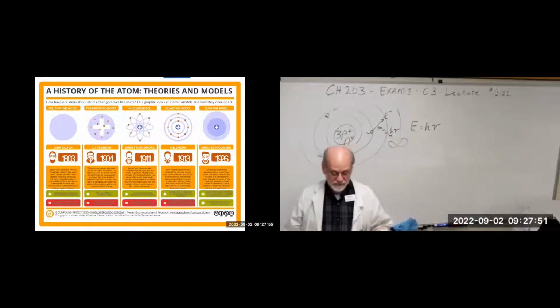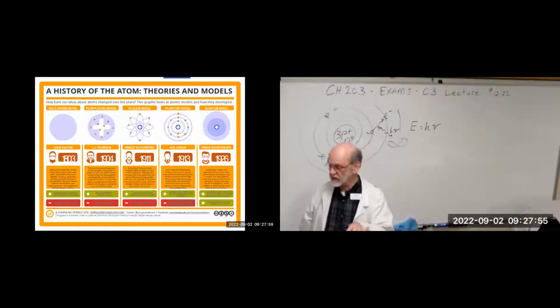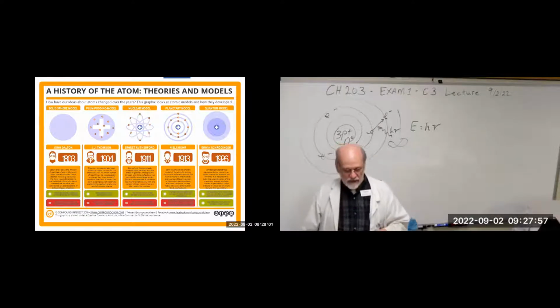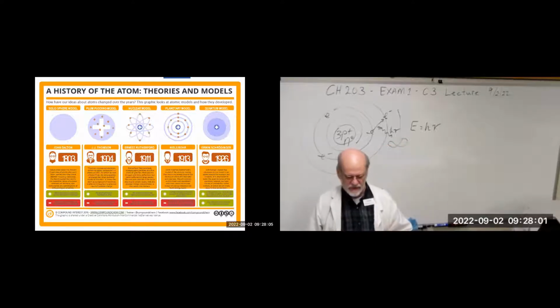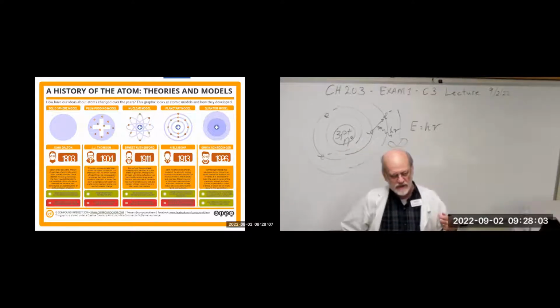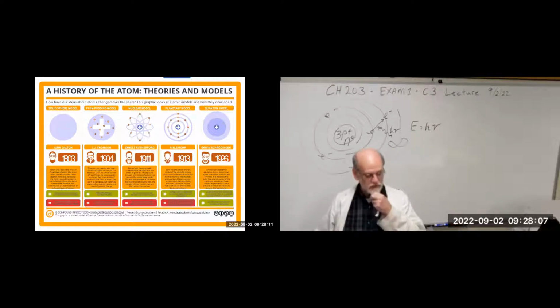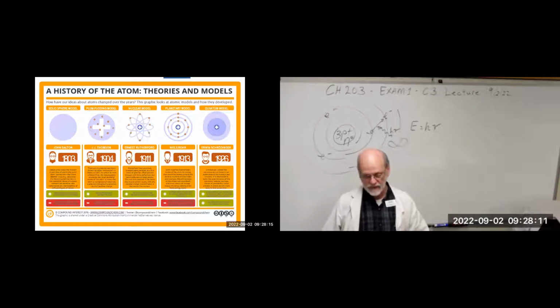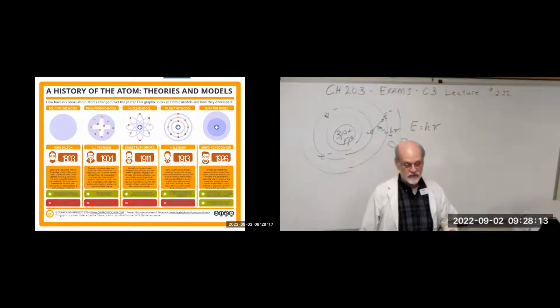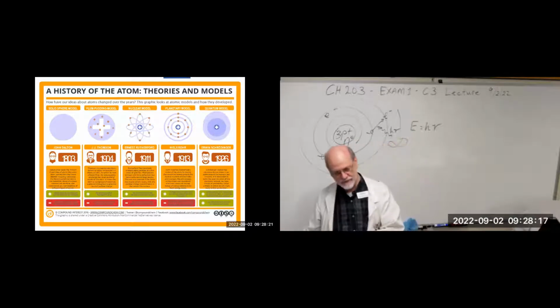Later on, Erwin Schrodinger, who's the last one in this slide, came up with a set of equations that were based upon waves, right? Light can be viewed as either a wave or a particle. And depending on what you're measuring, it appears as a particle or it appears as a wave.